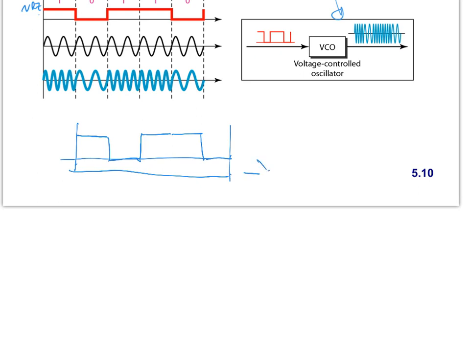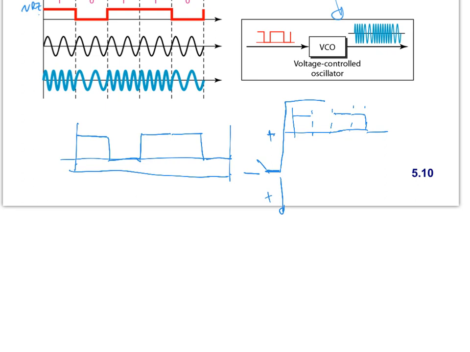We input this on a comparator, and this comparator will split all the positive values to this branch and the negative or zero values to the other branch. So we end up here with a signal that looks like this: positive and then nothing, then positive, positive, and then nothing.